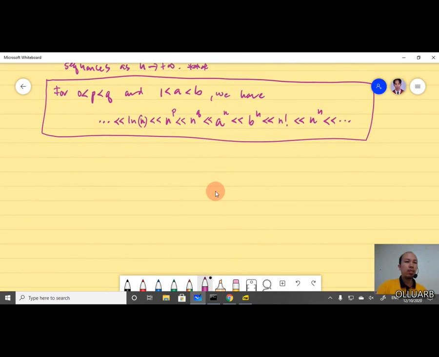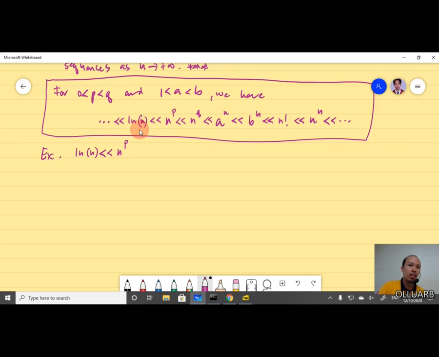With this result, for example, since this is true, ln of n is slower than n to the p for any constant p which is greater than 0.